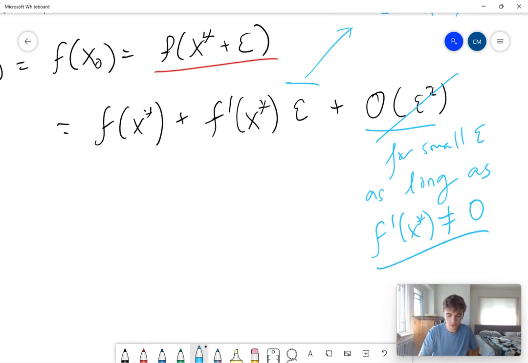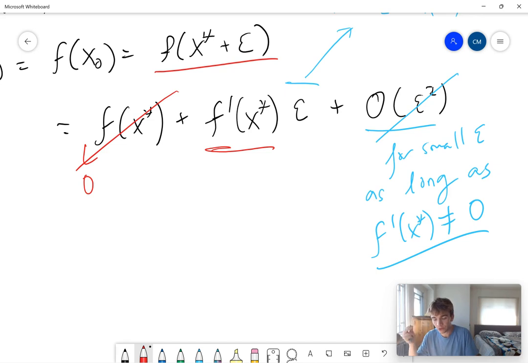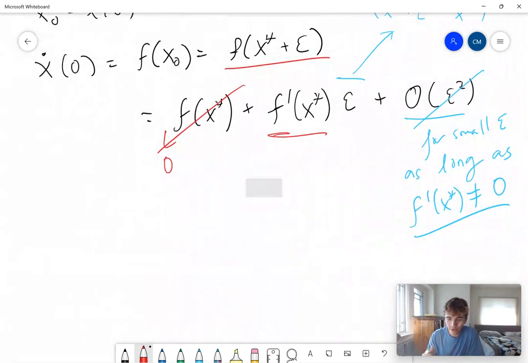I'll explain why in just a second. First of all, f of x star is immediately 0 by the fact that it's a fixed point. And now if this term is non-zero, we can neglect the order of epsilon squared terms because they go to 0 much faster for small epsilon than just the linear term in epsilon. So we can neglect the higher order terms so long as we assume f prime of x star is non-zero. And so when we do that, there's two cases.